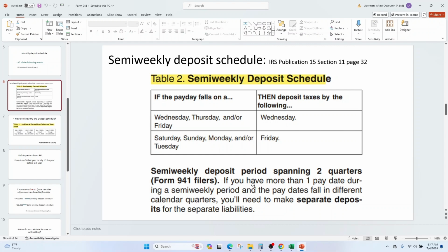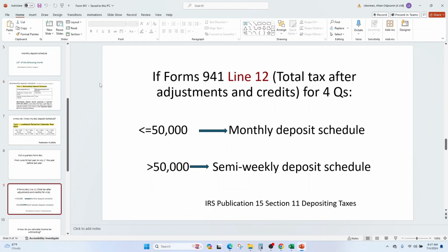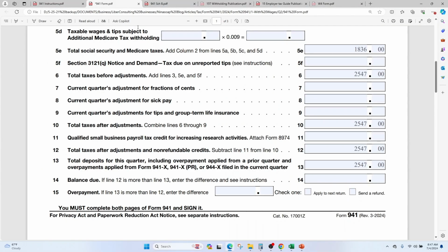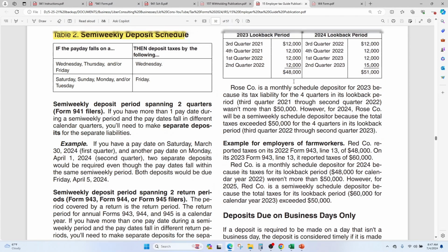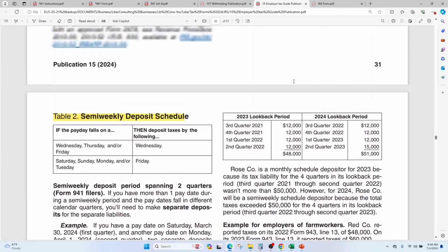I think they explain more in Publication 15 as well. And we can go to Publication 15 where you'll find the information on the look back.